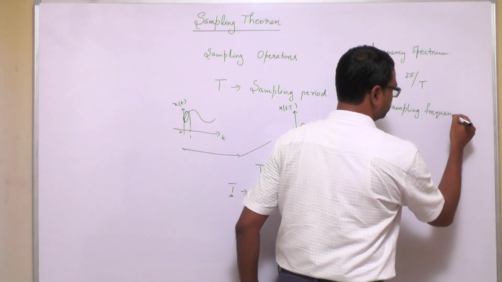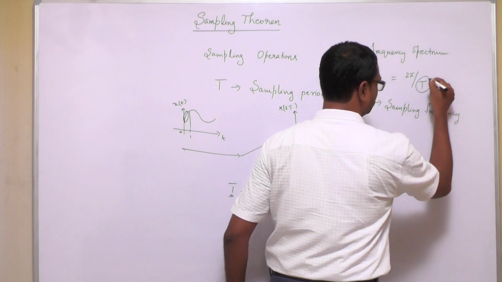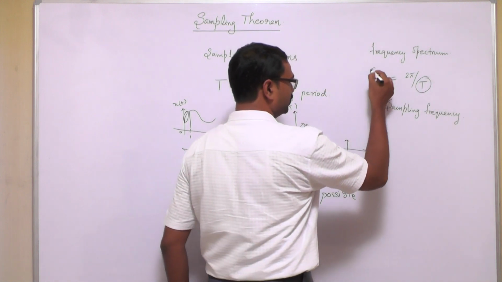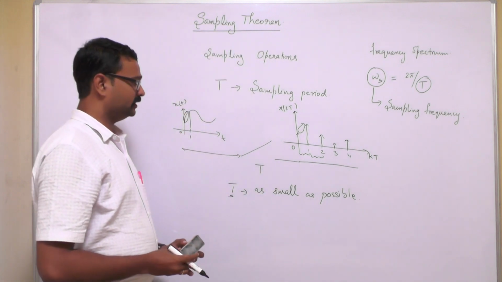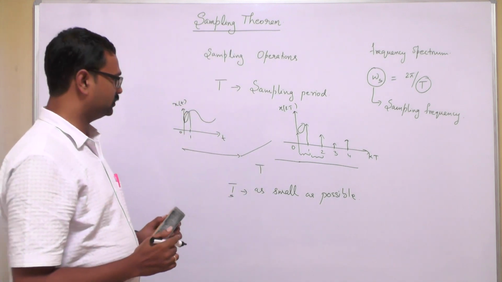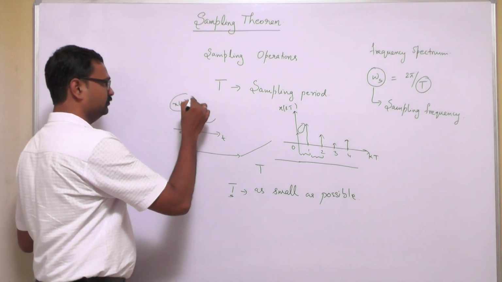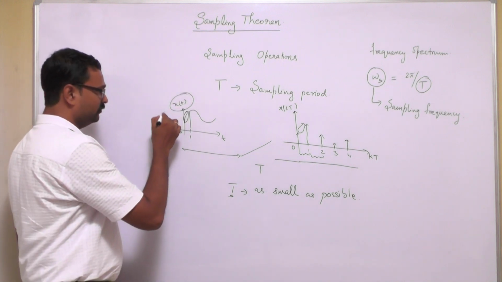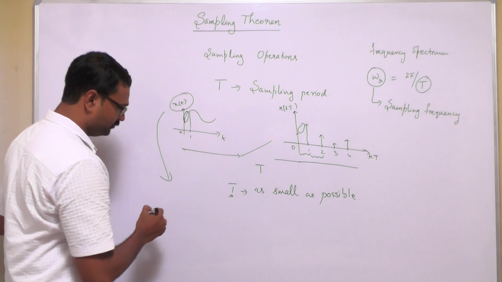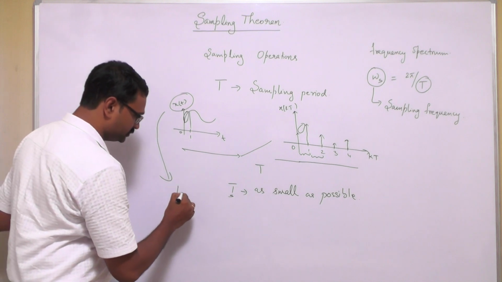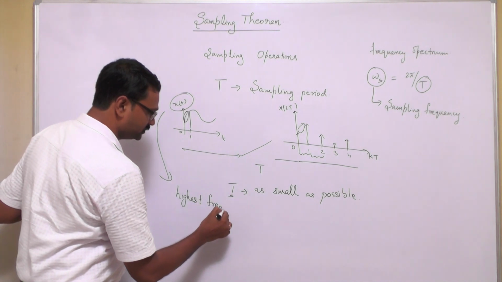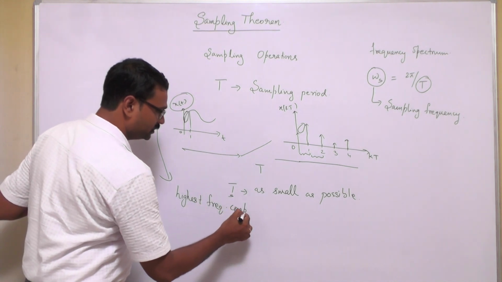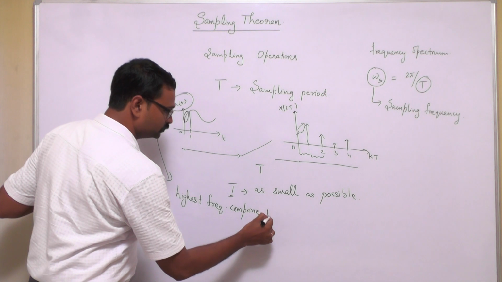Now we can understand that when T is made as small as possible, omega s will be very big in value. So in this x of t, which is our continuous time signal, we should first verify which is the highest frequency component existing in it.